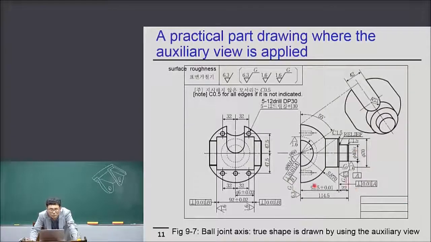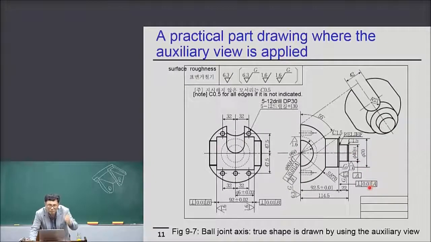And also dimensional tolerance, now look at it: pi 80 H7. All right, and what about geometric tolerance? Datum A is attached to the pi 40, so datum A is the axis of the pi 40 cylinder.